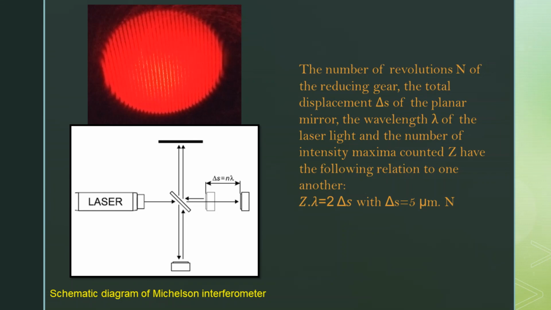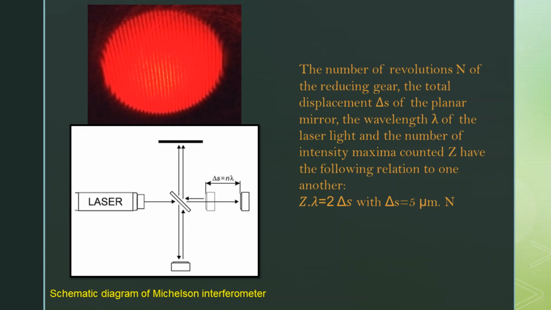Now, if the wavelength is lambda, then capital Z multiplied by the wavelength of the light will be equal to the displacement multiplied by 2. This factor of 2 comes from the fact that the path is counted twice, once for the incident light and once for the reflected light.